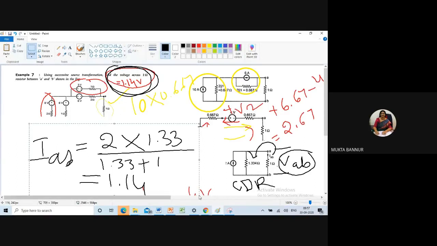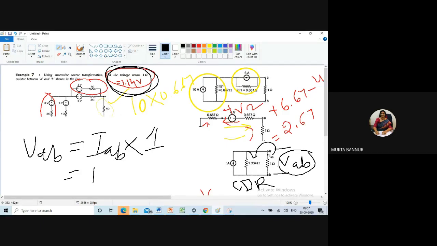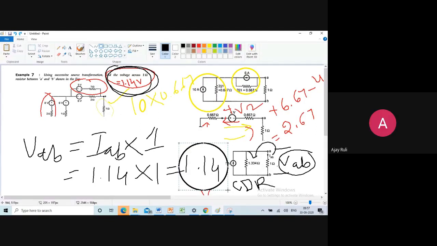I know the current, that is VAB equals IAB into its resistance, that is 1 ohm. 1.14 into 1 will be 1.14. Same answer we are getting here. Correct?